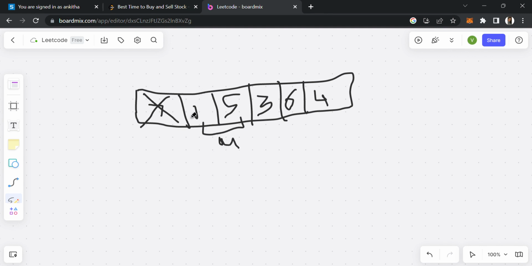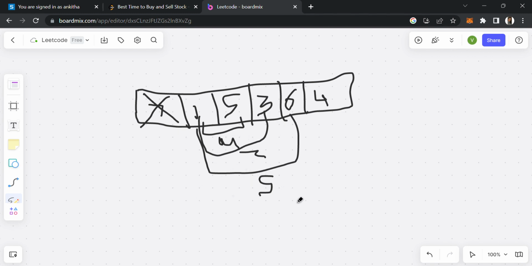Then you're buying at 1 and selling at 3. 3 minus 1, 2 will be the profit. That's not the maximum profit. 4 will be the maximum profit so far, because initially the profit was 0, if you consider it.